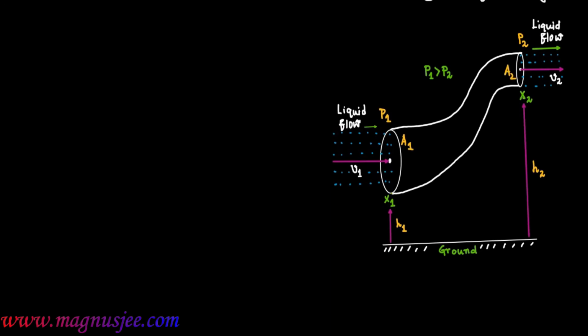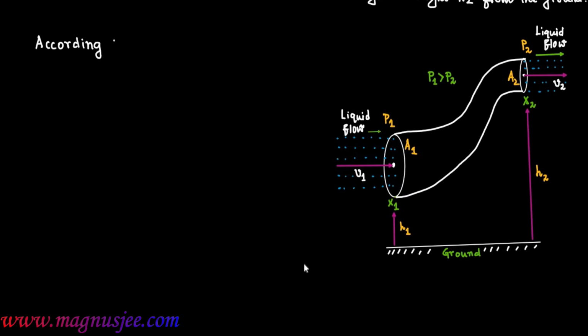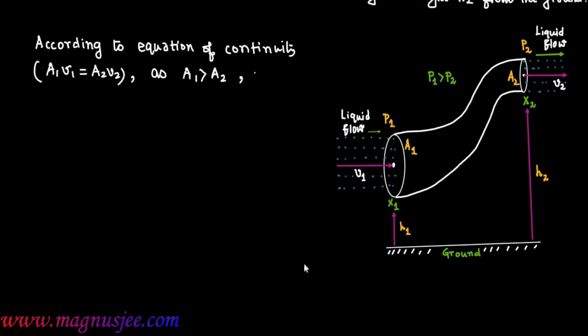A1 and A2 are the area of cross section of the two ends x1 and x2 of the pipe of variable cross section. According to the equation of continuity, that is A1 v1 is equal to A2 v2, as A1 is greater than A2, so v1 is less than v2.